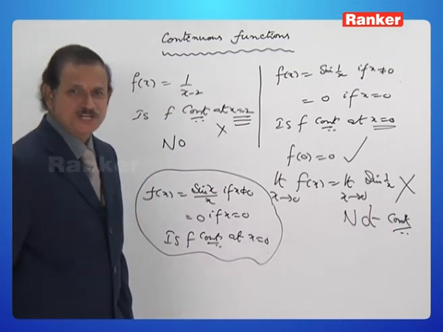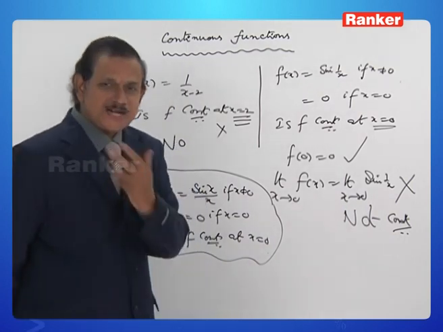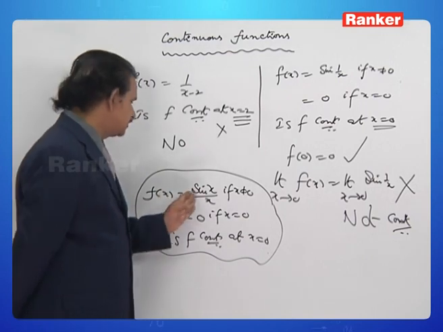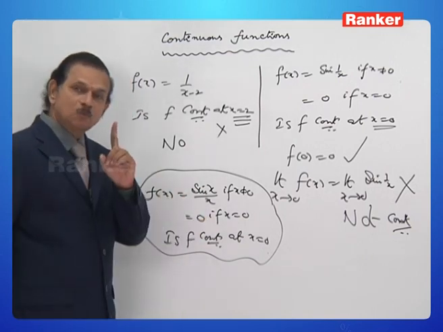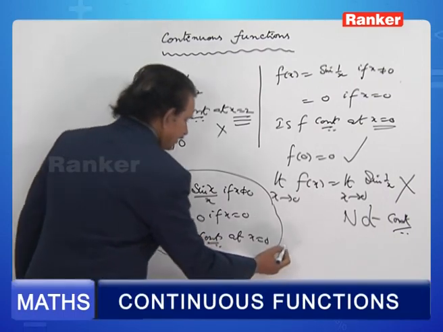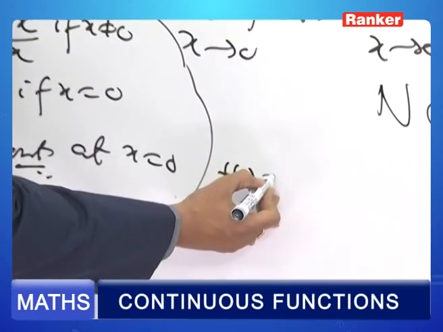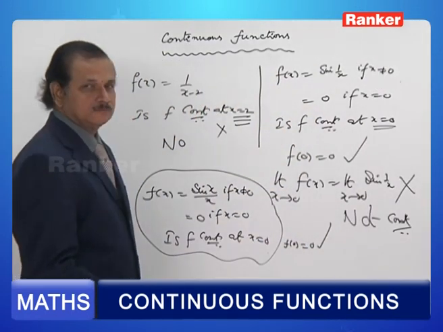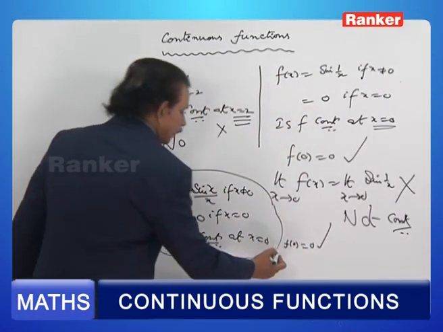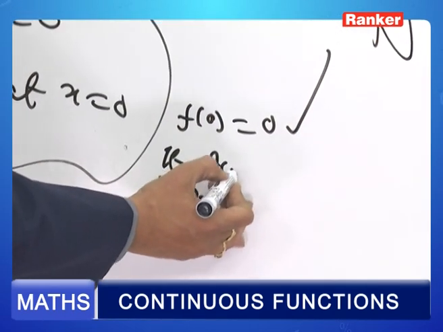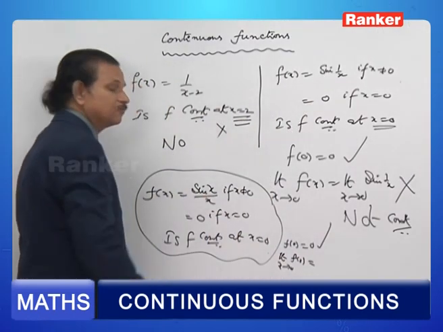What is the second condition? Limit as x tends to 0 of f of x. What is f of x actually? Sin x by x.